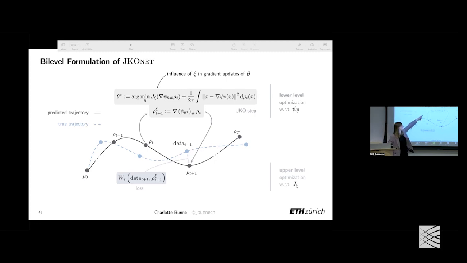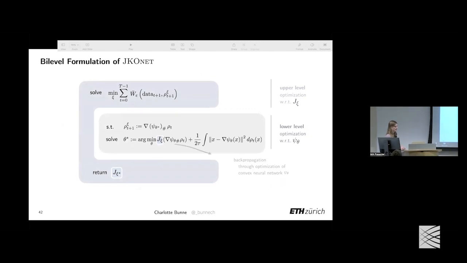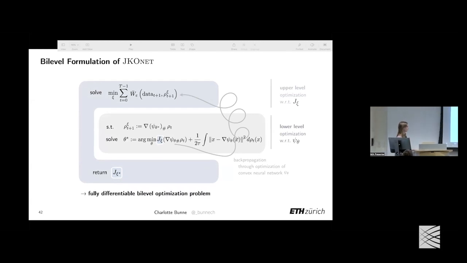In the second line, we can see it's only dependent on the optimal convex function, but not on the energy. While, of course, the optimal convex function is dependent on the current parameterization of the energy. But what do we need to do? We need to basically backpropagate through the entire optimization of this convex function in order to learn the energy.